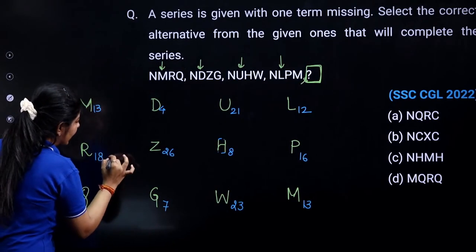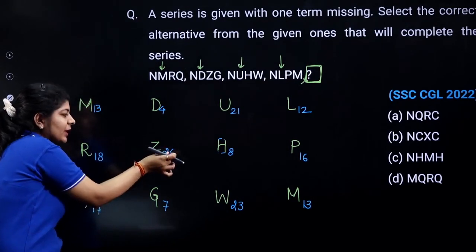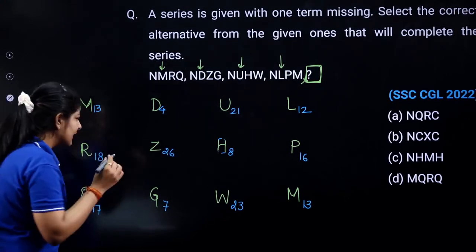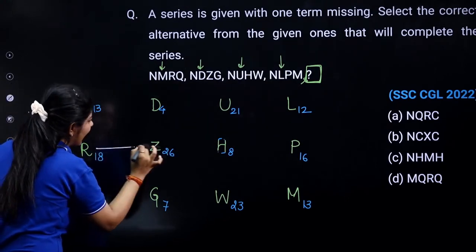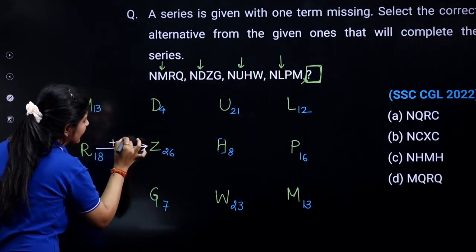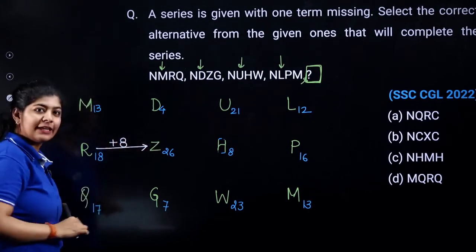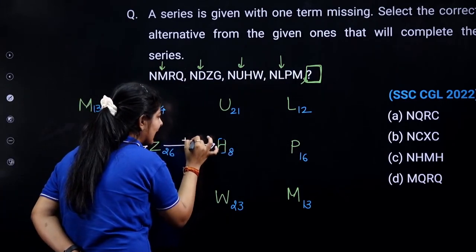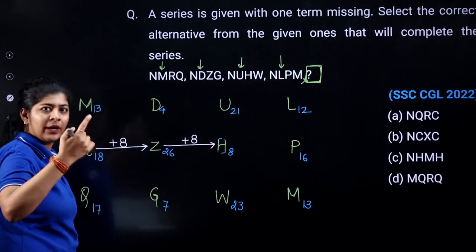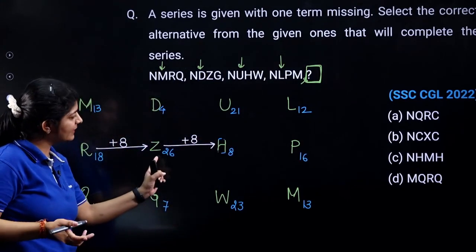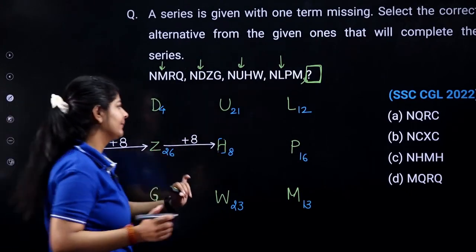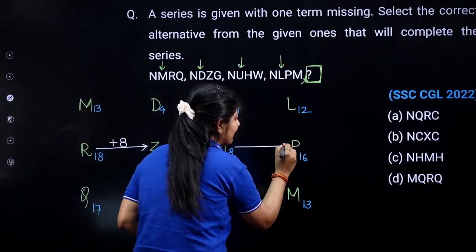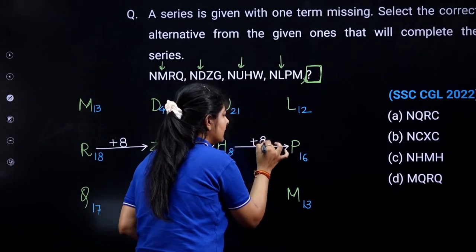If I try to find out the difference between 26 and 18, what are we getting? We can say that if I add plus 8 to this one, we are getting 26. Yes. If I add plus 8 again, I know that 1, 2, 3 is going to start again. So 26 plus 8, we will get 8. 8 plus 8, 16.